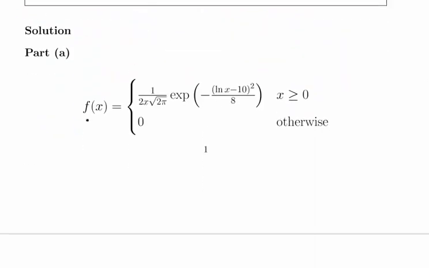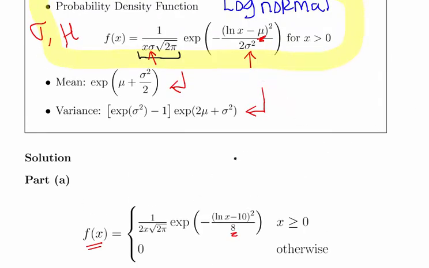So f of x is 1 over 2x times the square root of 2 pi times the exponential of minus log x minus 10, all squared, over 8. That is 2 sigma squared, which equals 2 times 2 squared, which equals 8.